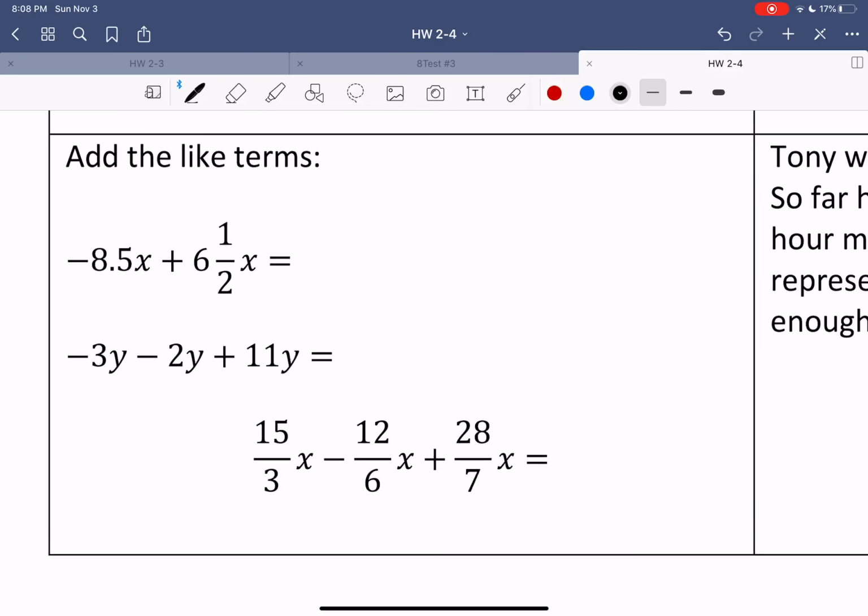All right. So here we go. It says add like terms. So add or combine. So since we have x's in all of these ones, we have like terms. We have y's here. We have x's here. So you're just going to want to make sure that you pay attention to signs.